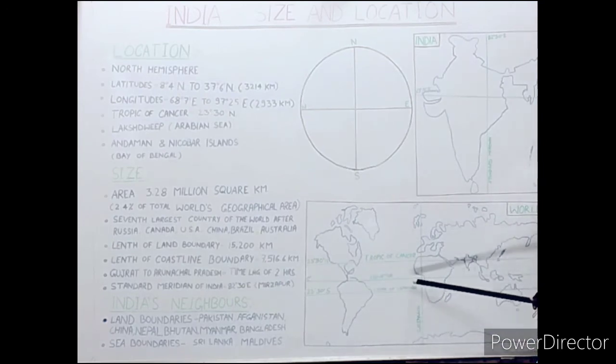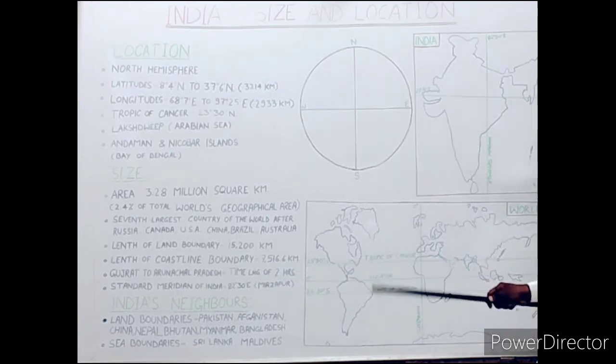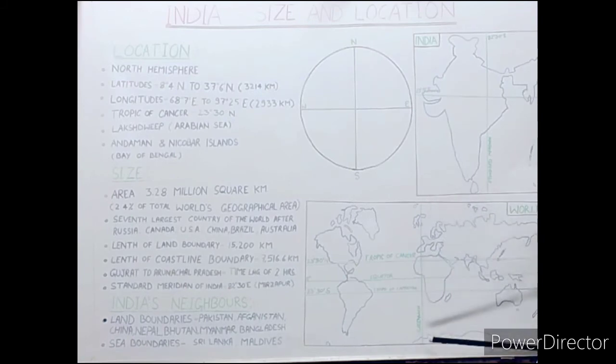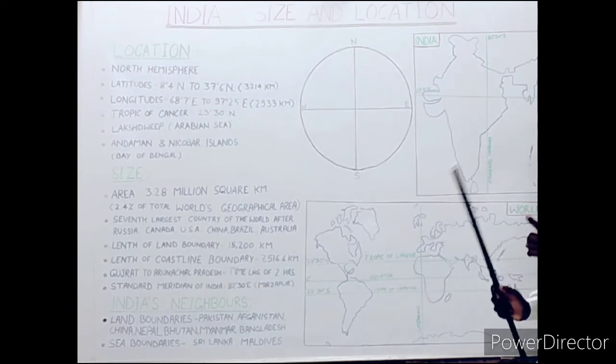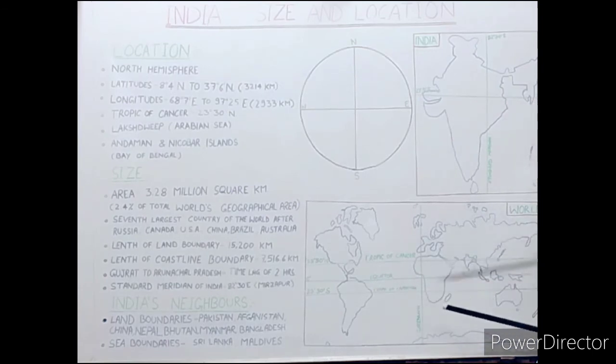The equator is the middle line that divides the earth into north and south, and this line, the longitude 0 degree, divides our earth into east and west. In the map of the world we see our country here, India. This is the location of our country.